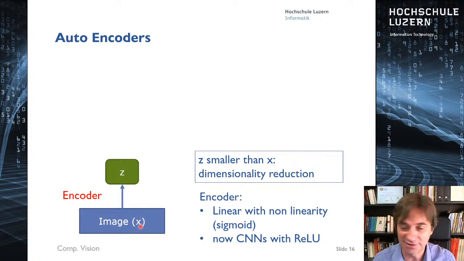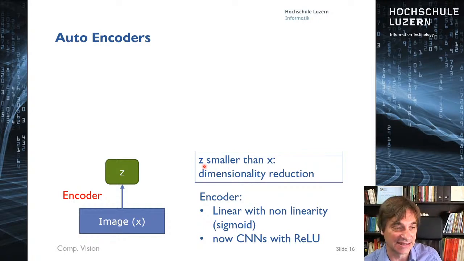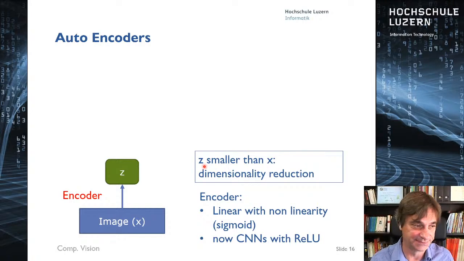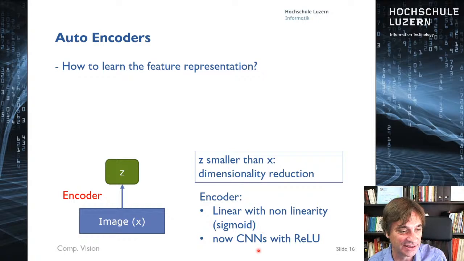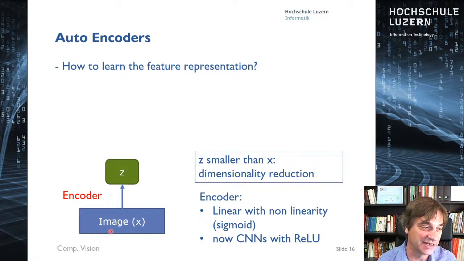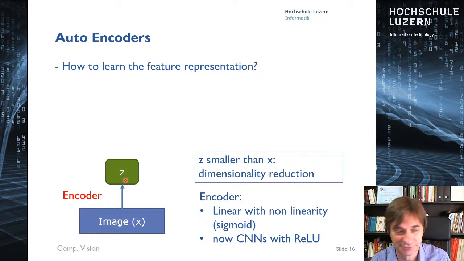So for x, of course, you have the image, you have a pixel at each point, so you have a lot of input variables here, and you would like to have a condensed representation of that image using some smaller set of variables, which we will call z. But z is supposed to capture all of the images here. So how can we train a neural network that it finds some meaningful representation of our image with fewer variables?